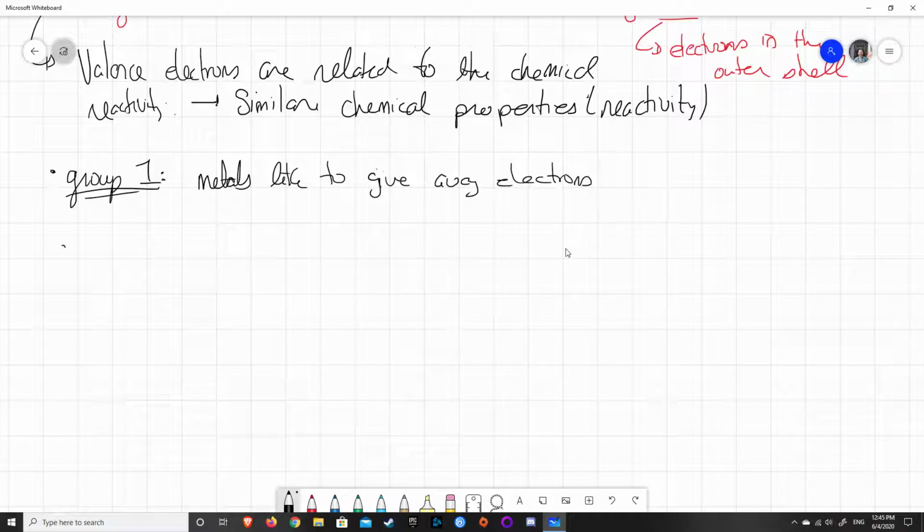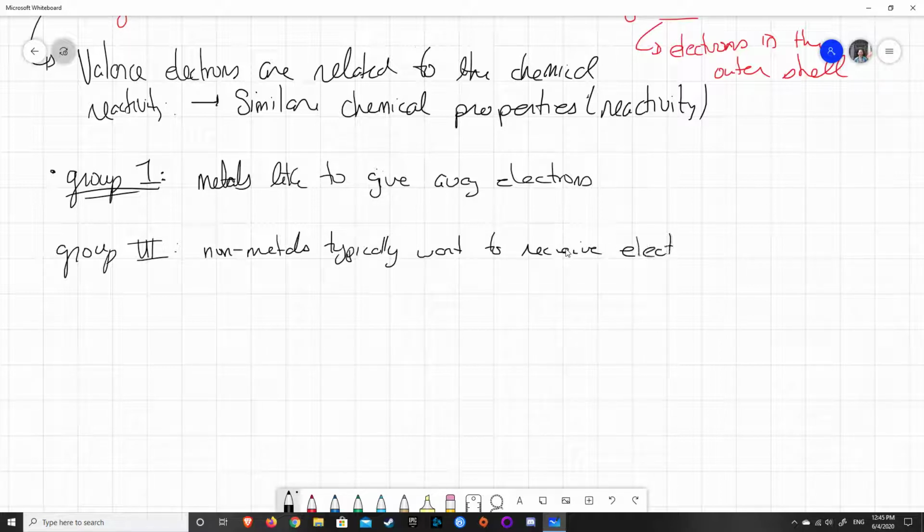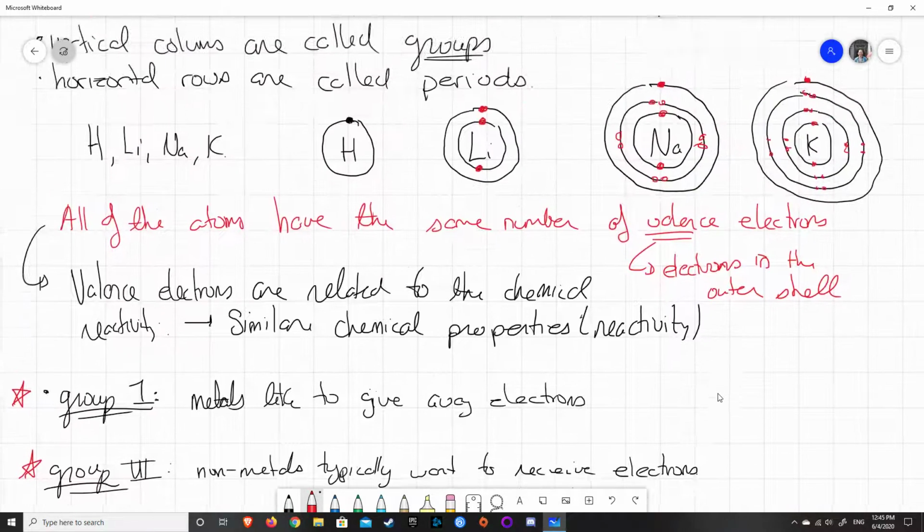And for group 7, nonmetals typically want to receive electrons. So we're going to see, this is going to be our first important trend for group 1 and for group 2. So let's look at group 1, right?